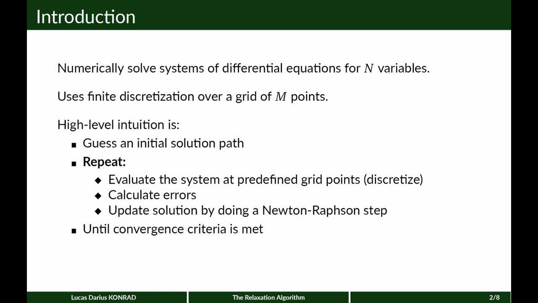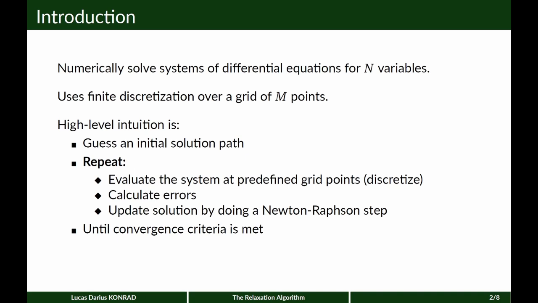Now the relaxation algorithm attempts to describe the transition path from an initial state to a steady state. And since a lot of macro models are infinite horizon and also continuous time, we have to think of some smart way to work around this problem. After all, if we're trying to solve a system computationally, we rely on finite memory and finite precision, so we have to kind of work around this.